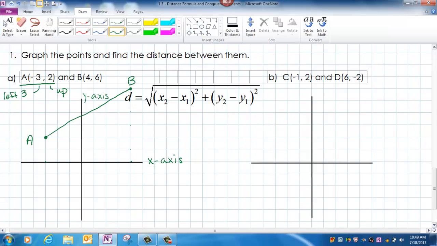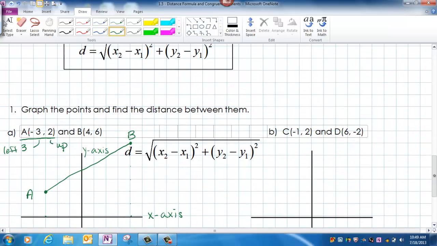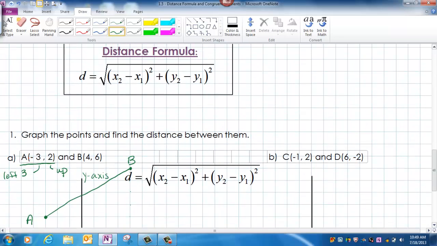From there, we want to find out the distance, how far it is from point A to point B. And that is what this distance formula is. So the distance between point A and point B can be calculated using this formula right here, this distance formula.